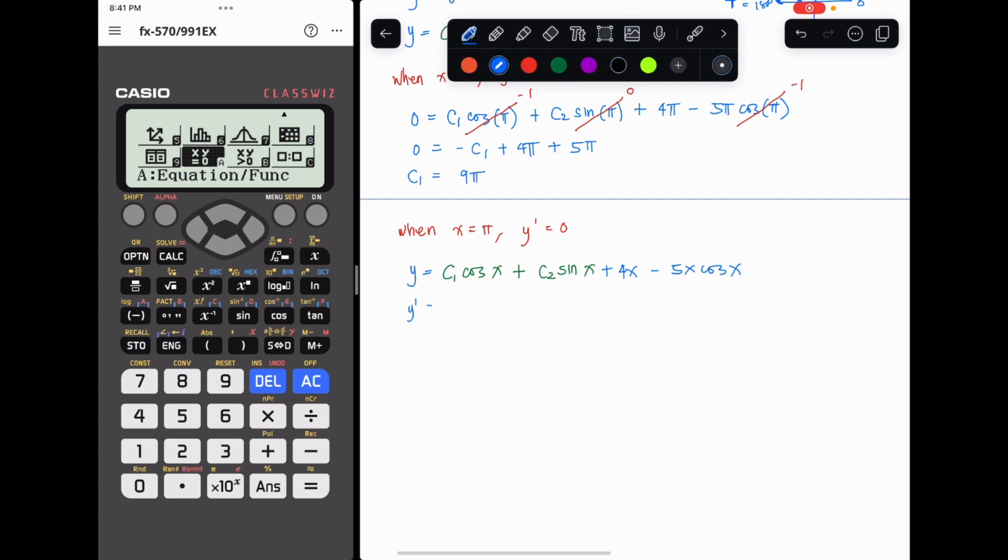So y prime would be equal to C1 cosine x, the derivative of cosine x being negative C1 sine x, plus C2 cosine x, plus 4, then minus 5. So x cosine x is the product rule: I'll have negative x sine x, and then plus cosine x.